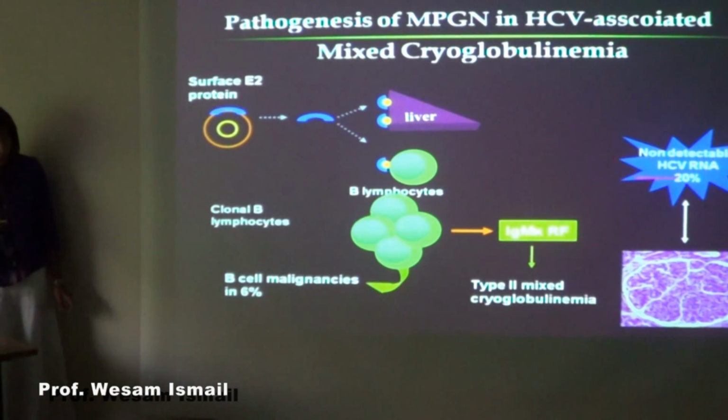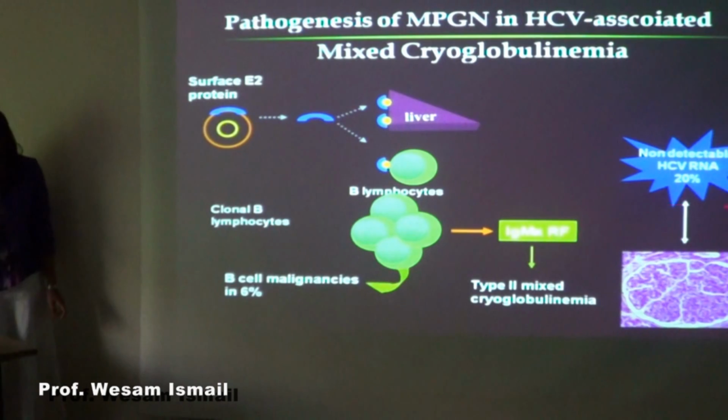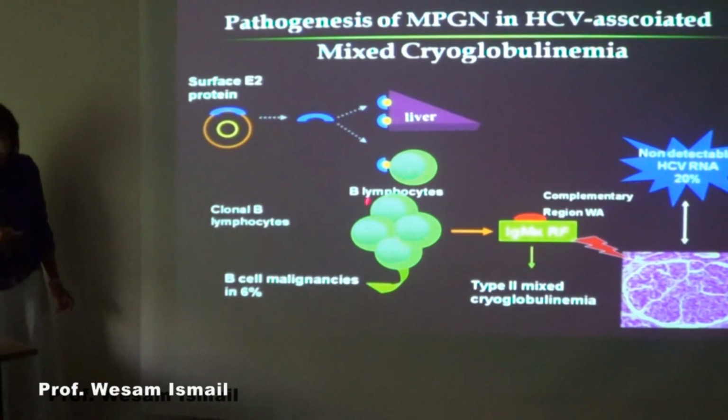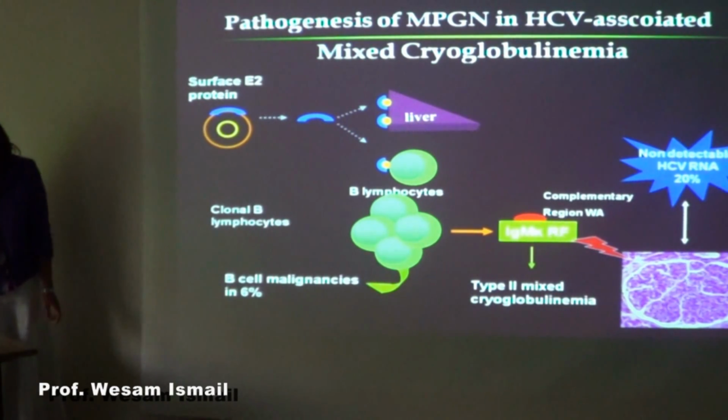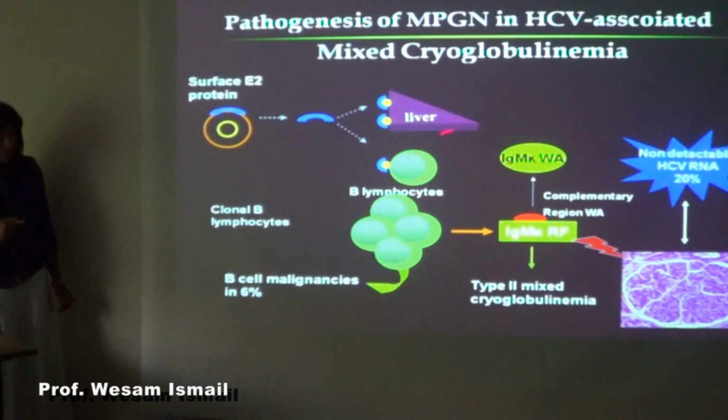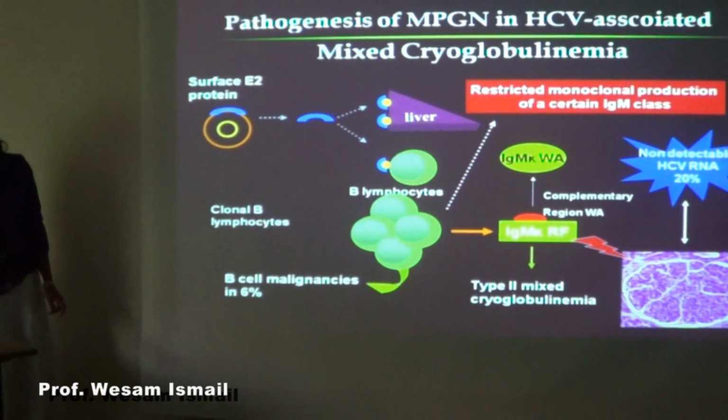No, actually in up to 20% of cases, you cannot detect the hepatitis C virus RNA within the tissue. We think that this is the one which actually injures the kidney. This is the one which is nephrotoxic. This antibody has a small complementary region, and this is the nephrotoxic part. This region is called WA, after the initials of the first patient in whom it was discovered, and this is the actually nephrotoxic part of this antibody.